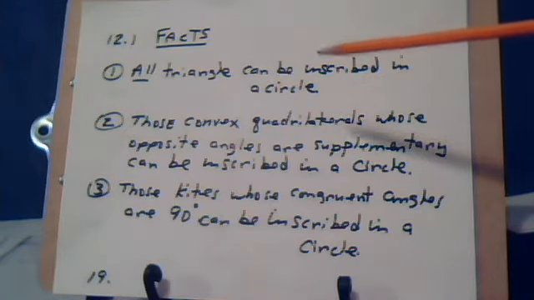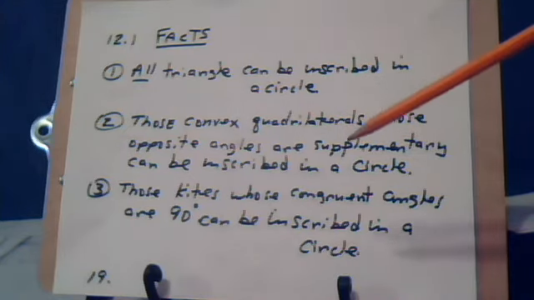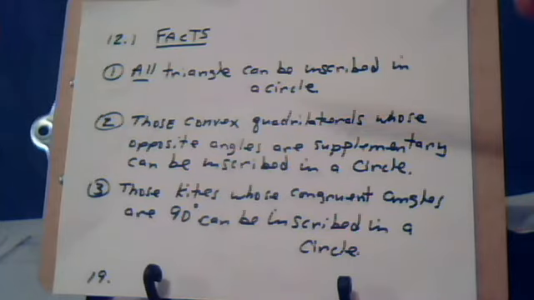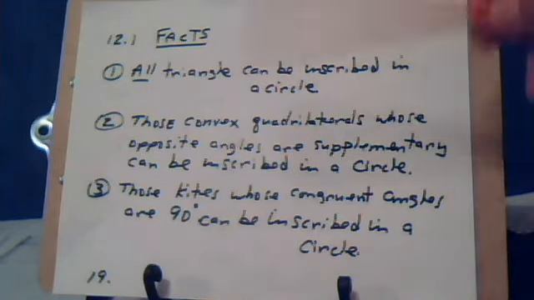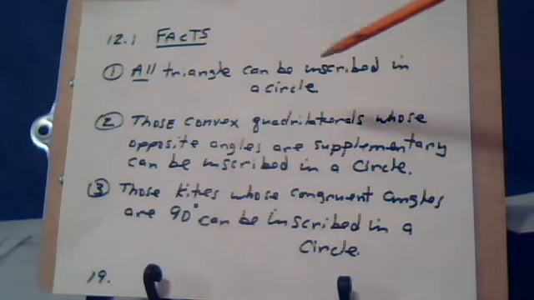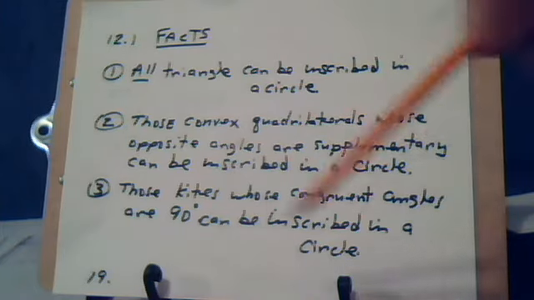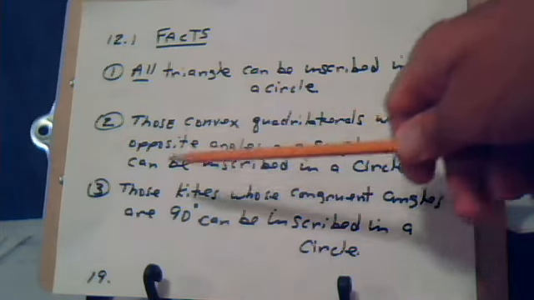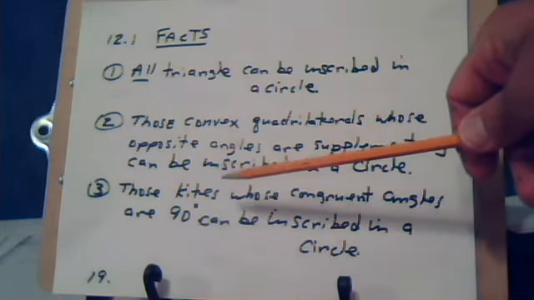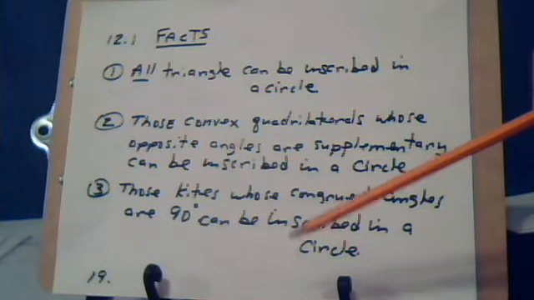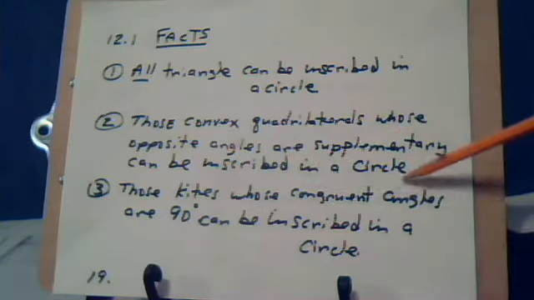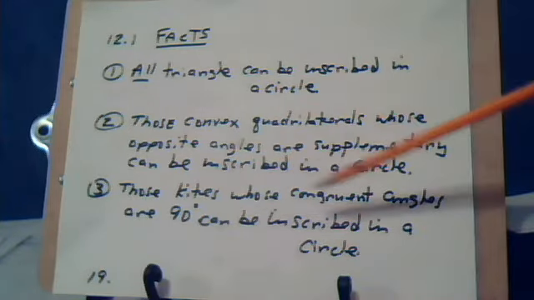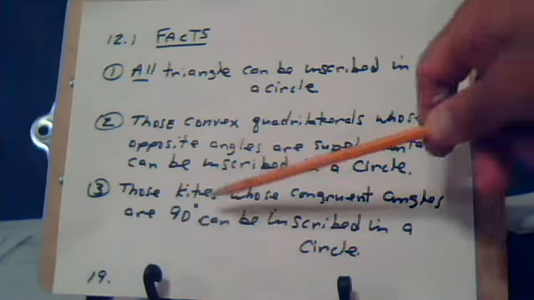You could circumscribe a circle about a quadrilateral if opposite angles are supplementary. Supplementary means that opposite angles add up to 180. If that's the case, you'll be able to find that circle that touches the 4 vertices of the quadrilateral. For kites, there's a requirement also. If you want to find a circumscribed circle about a kite, then only kites whose congruent angles are 90 degrees can be inscribed in a circle.